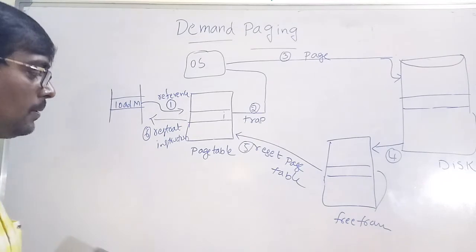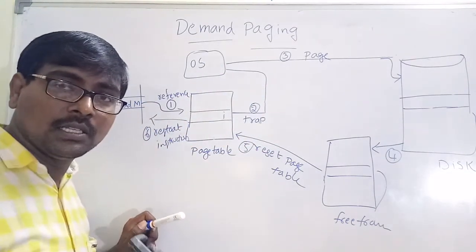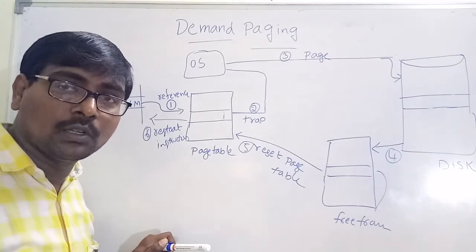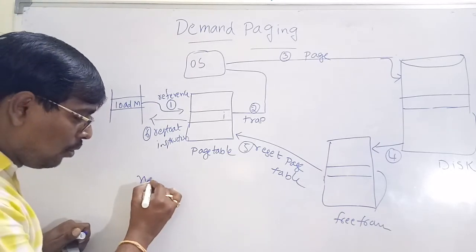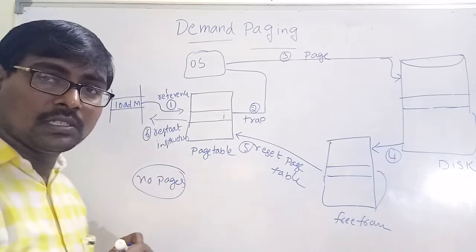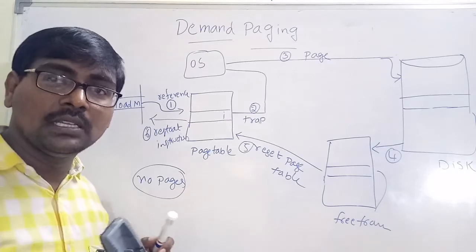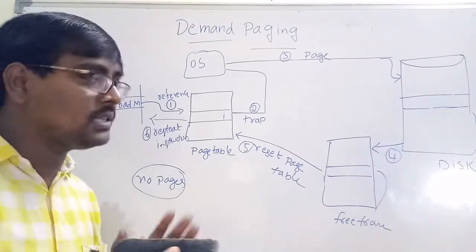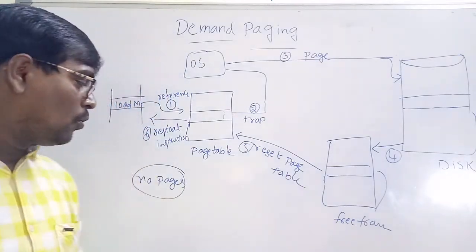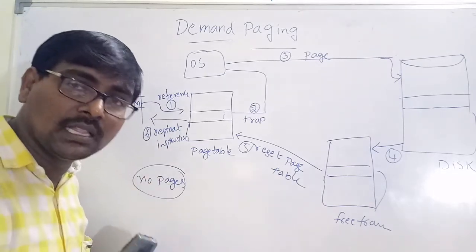In the extreme case, we are executing the process with no pages in the memory. Generally, we place at least 3 to 4 important pages in the memory initially. But in the extreme case, we begin the execution without any pages in the memory.